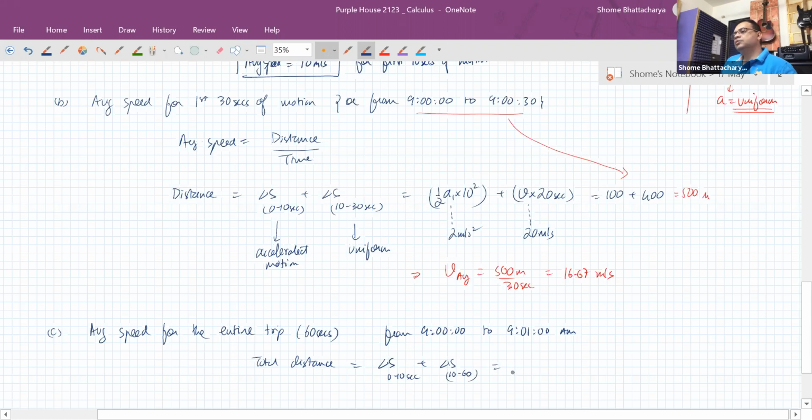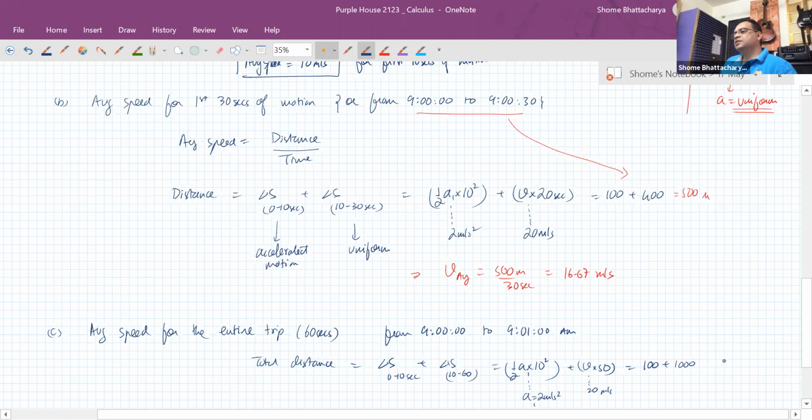So this will now become half at square plus that uniform velocity into 50 seconds. So same way, this is 100 plus, now this uniform velocity is 20. This was 2 meters per second square. Okay. So this becomes how much? 1000.